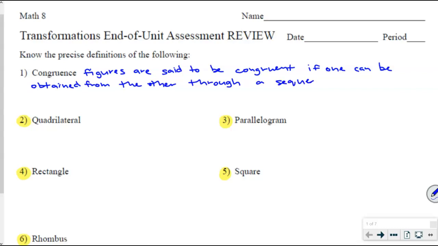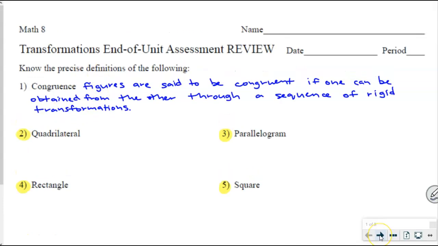And it doesn't always have to be a sequence, it can just be a single transformation. It could be a combination of multiple, but a sequence of rigid transformations. That is the definition. Before I define the rest of these, I want to point out why it's so important to know the definition.